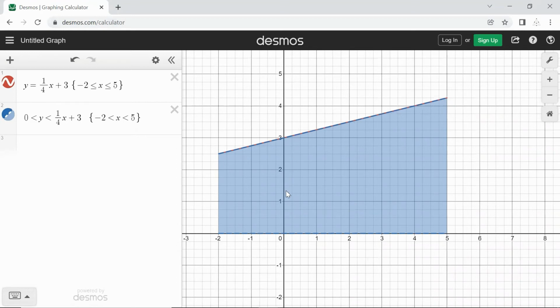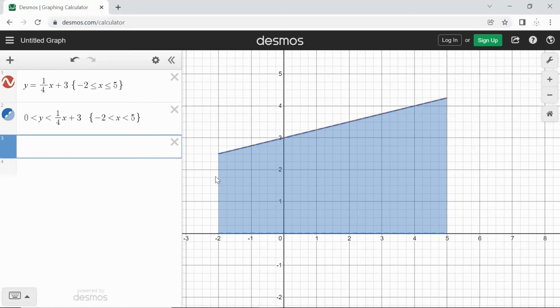Now, this shape is not exactly a triangle. It's kind of like a triangle. Well, part of it is a triangle. And that's how we're going to accomplish finding the signed area. Here's what we're going to do. You'll notice that at the base of this line here, we are at height 2.5.